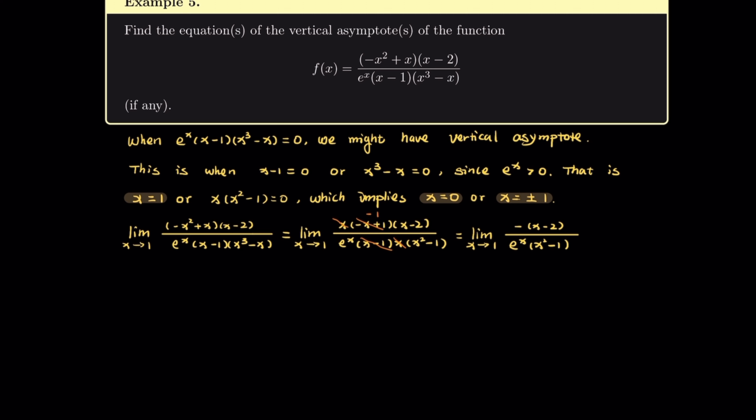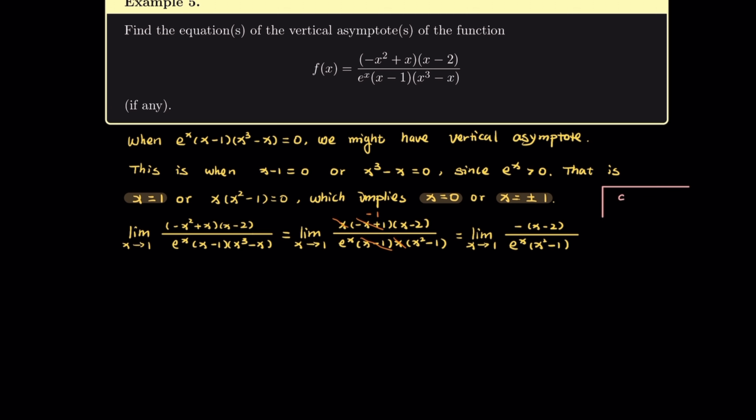Now, if I plug in 1 inside my function, the top is a constant, so the top will be -1 minus 2, which is a nonzero number, but the bottom is still going to be 0. So this is a constant over 0 case. Let's write it right here in a small box.